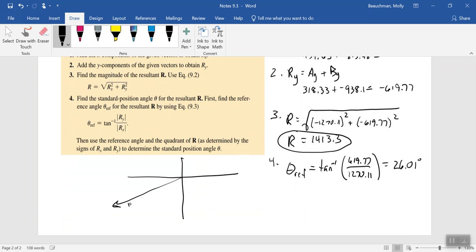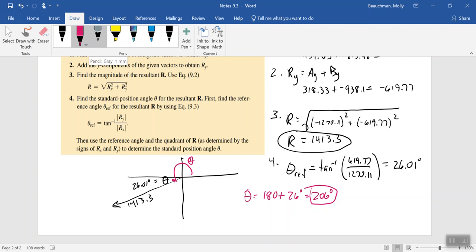That has a length of 1413.3, and the angle I just found was the reference angle, the angle my vector makes with the x-axis, and that's 26.01. So if I want to find the degree measure from standard position, I need this entire angle. So my angle is going to equal 180 degrees plus my reference angle of 26 degrees, and I end up with 206 degrees. So the magnitude is 1413.3, and the direction is 206 degrees of my resultant vector.